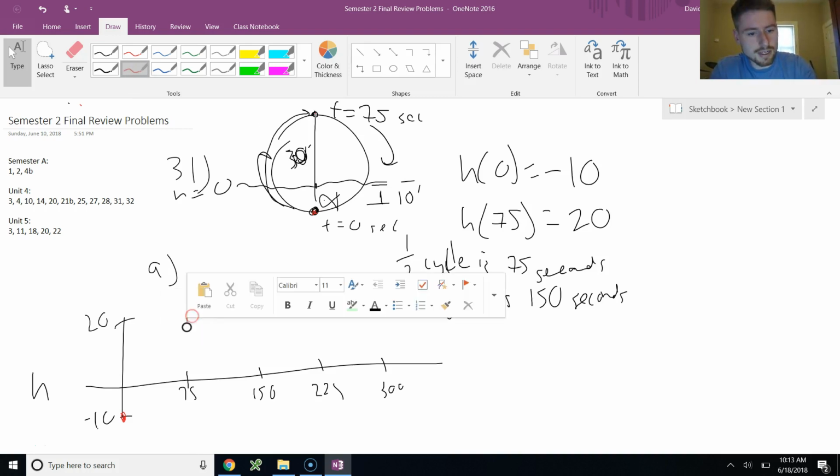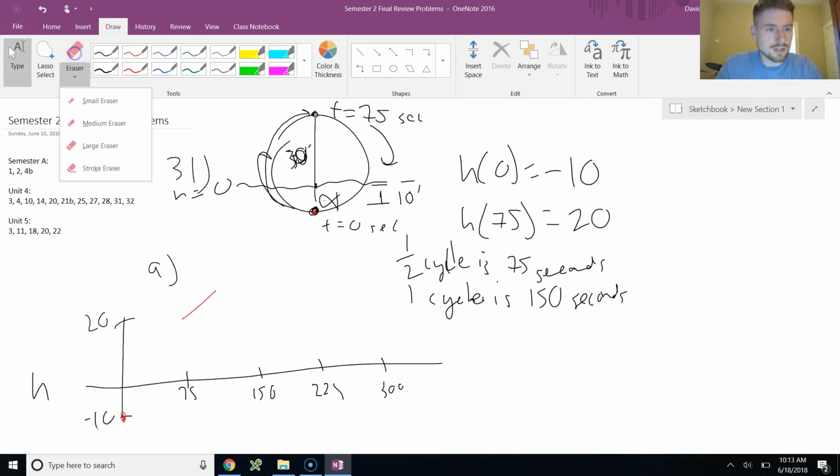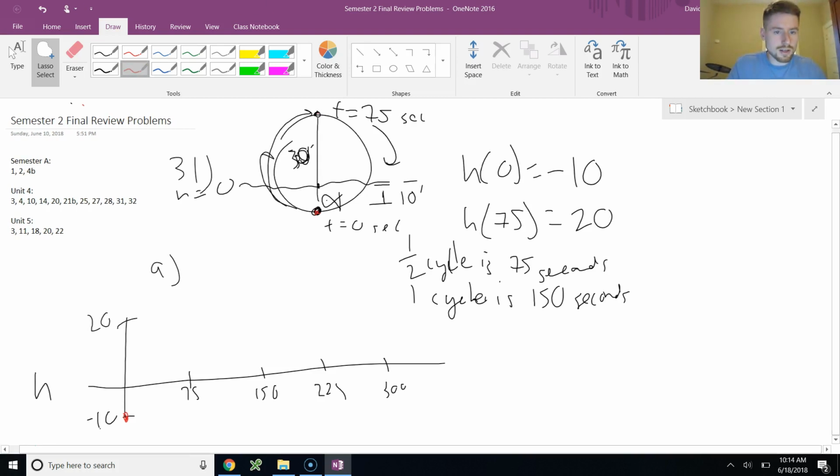So at 75 seconds, can I just mark this red dot? No? Mark a red dot. What the hell? Wow. Sometimes technology doesn't work the way you expect it to. What the heck? Draw a red dot.